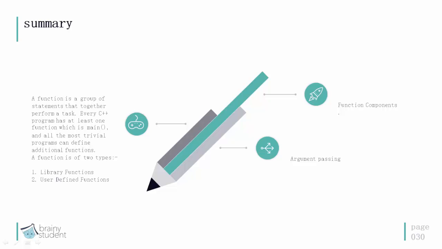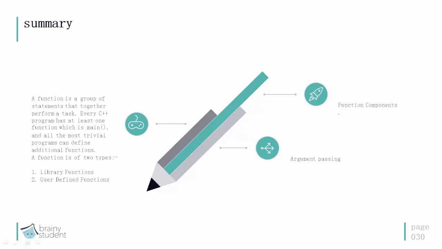Library functions are those functions which are inbuilt in the system library, like stdio.h, iostream.h, conio.h, math.h, string.h, all are library function. User defined function are those functions which we define and its definition do in the body of the function, it will do some particular task.